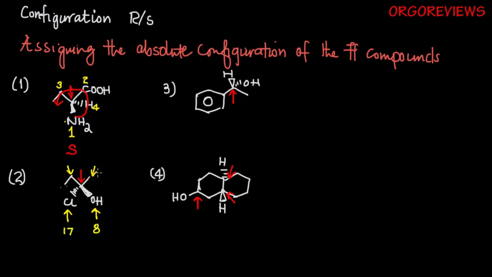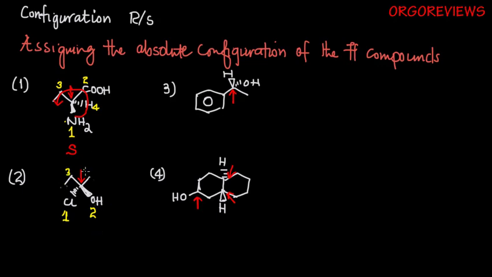So chlorine is going to be the highest priority at this point. So let's go ahead and assign that number 1. Oxygen will be next, so you're going to have number 2. And between these two carbons, they're the same. The next one here has a carbon, so this is going to have the next highest priority. And the 4th lowest priority will be this.